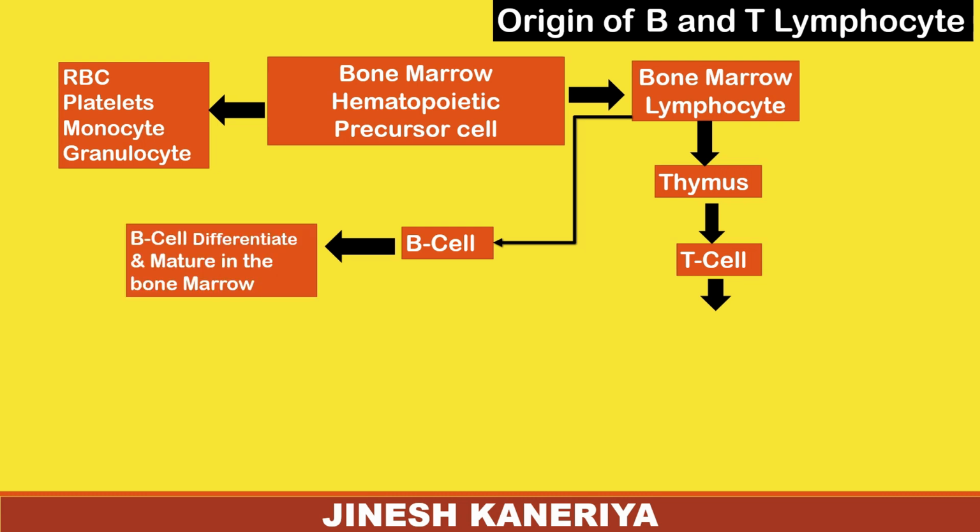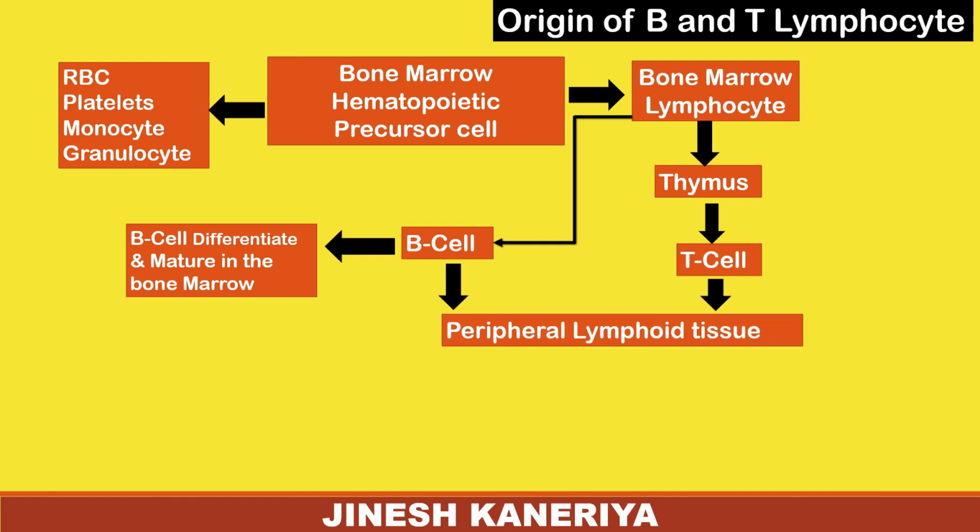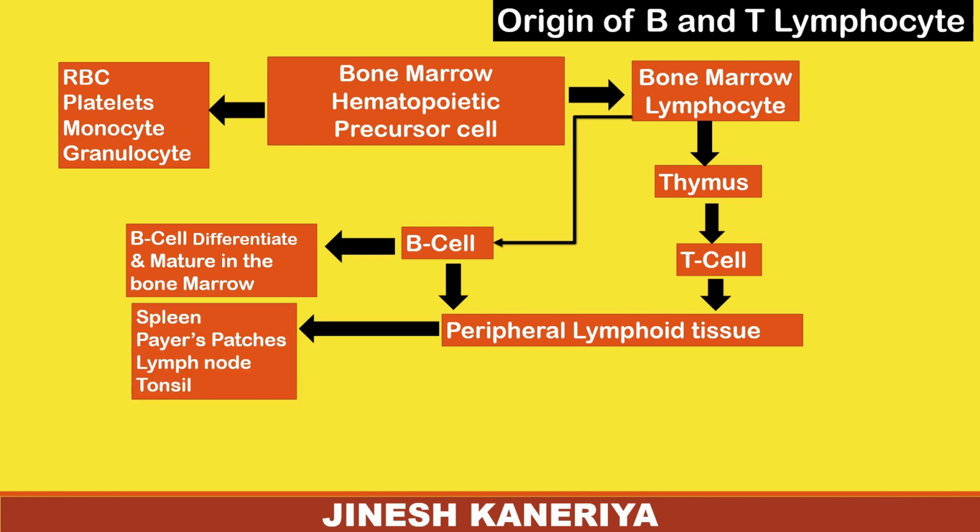The B cell is further divided into the mature form of the B cell and then differentiated in the bone marrow. B cells and T cells are found in peripheral lymphoid tissues, contained in the spleen, Peyer's patches, lymph nodes or tonsils.